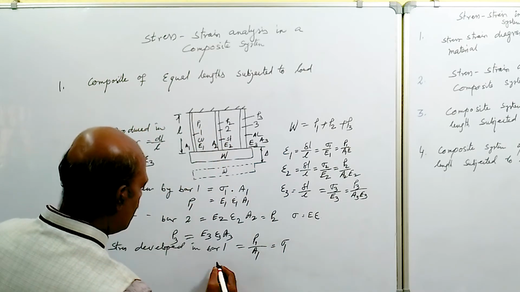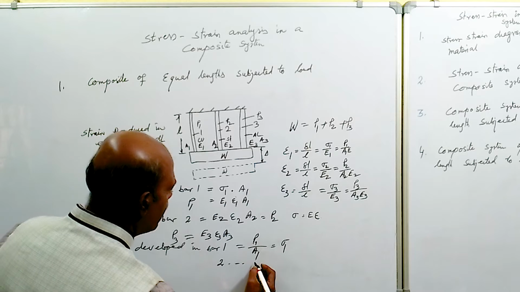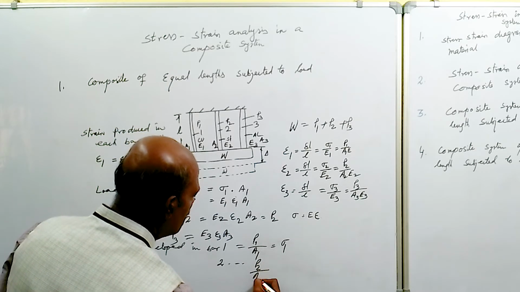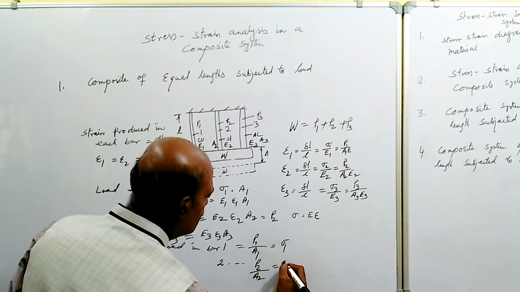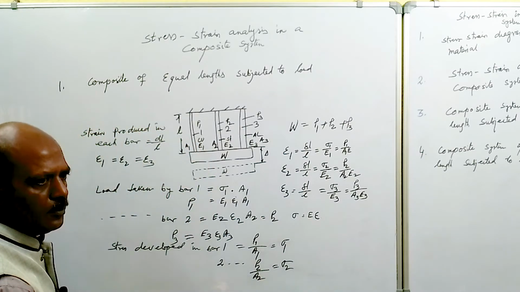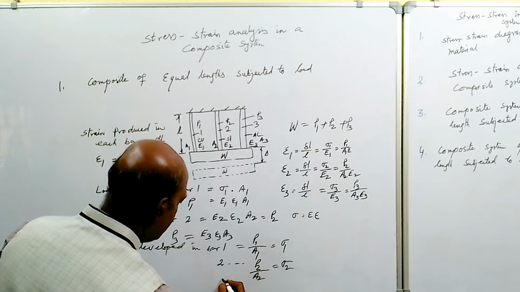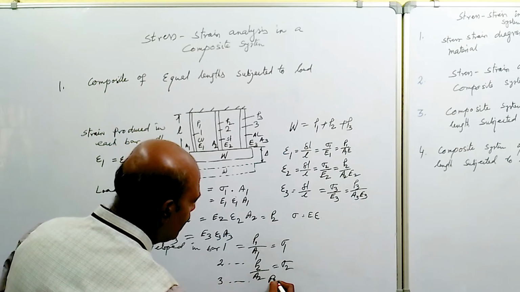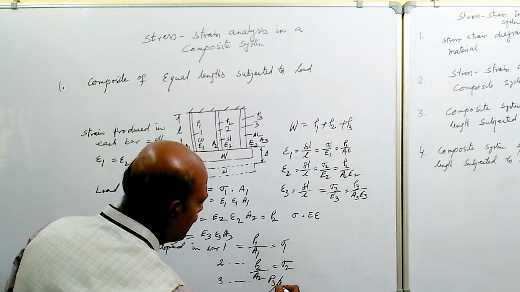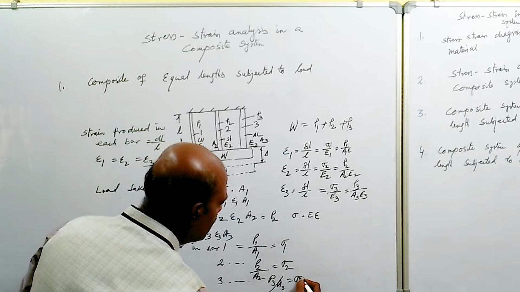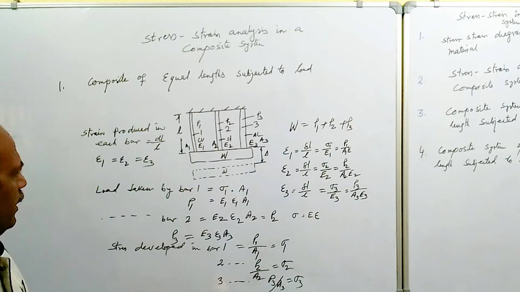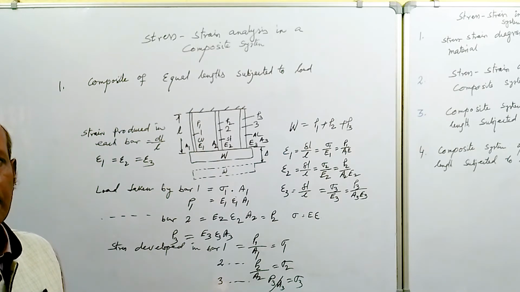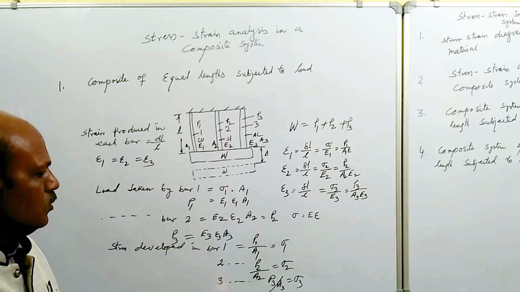Similarly, for bar 2, the load taken by bar 2 is P2 divided by A2, which is equal to sigma 2, and stress developed in bar 3 is given by P3 by A3, which will give you sigma 3. So by this way we can calculate the stress and strain developed in a complex bar.